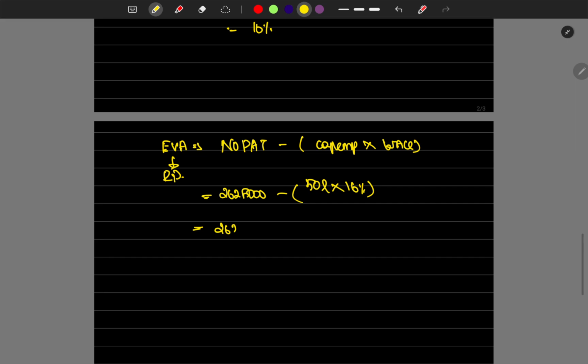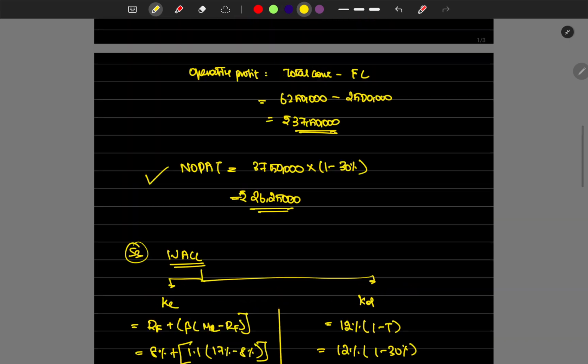So 26 lakh 25,000 minus 8 lakhs, which is 18 lakh 25,000 is the economic value added. So we got the value, which is 18 lakh 25,000.